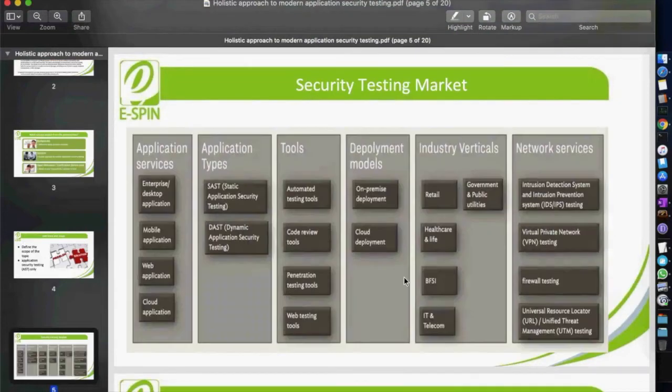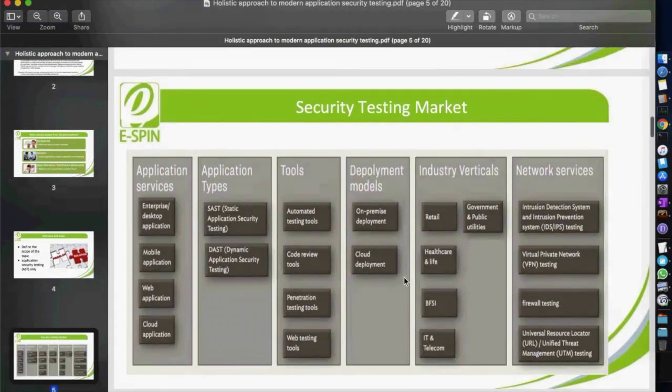So this is the reason why we want to narrow the talk. As you can see, even within application security testing, in the traditional way, we usually try to divide the market by use case, right? We have a lot of things classified as applications: the enterprise desktop application, mobile application, web application, cloud application.